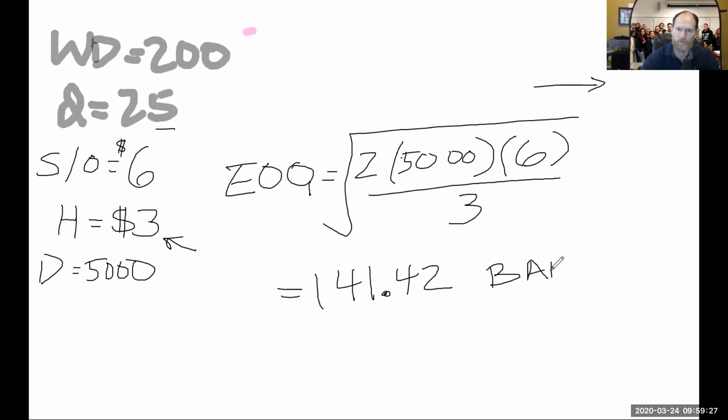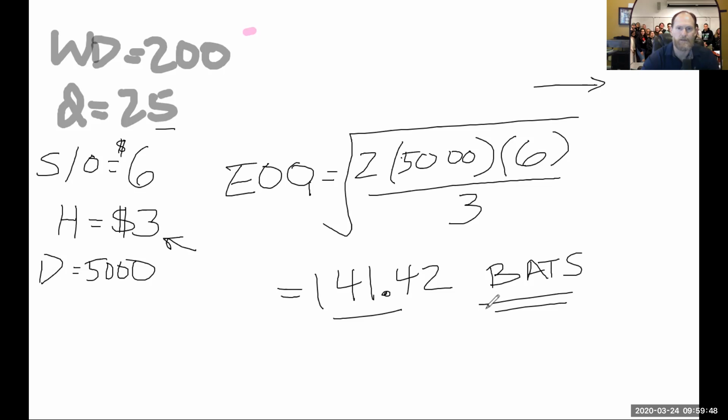And with the EOQ, I'm not normally like this, but I would really like you to focus on the unit of what we're talking about, because things are going to change. The dollar signs cancel out. So that dollar sign here and that dollar sign cancel out. So this is indeed a number of bats.